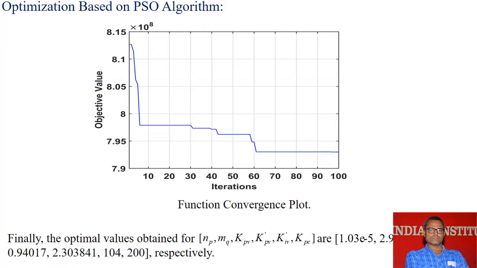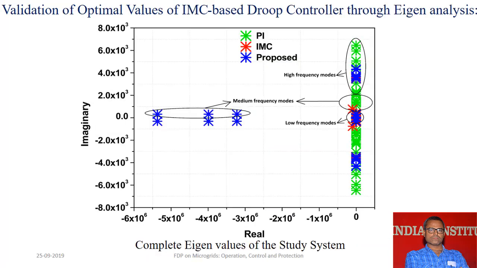Then after optimizing, this is the PSO algorithm convergence. These are the optimal values found for NP, MQ, KPV, KPV dash. Now those are the basic controllers used, like PI controllers for the current and voltage controller. Here one more controller is analyzed, that is the IMC based droop controller.